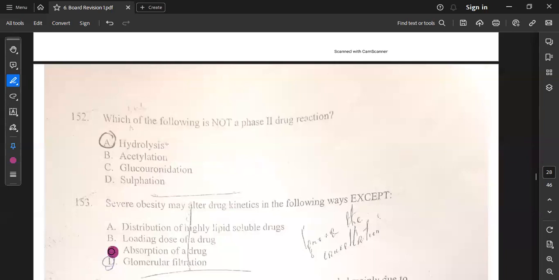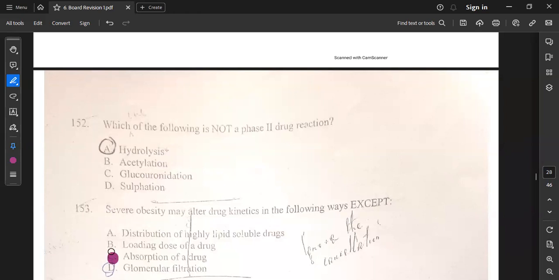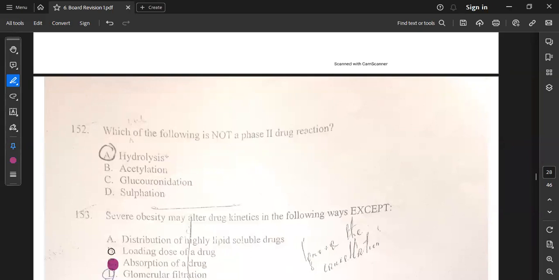We know that when you increase the body size, distribution is affected, and you're increasing the fat cell mass. So distribution of highly lipid soluble drugs is affected, which means that if they're supposed to get into the blood system, they're going to get stuck in the fat layer of the body.